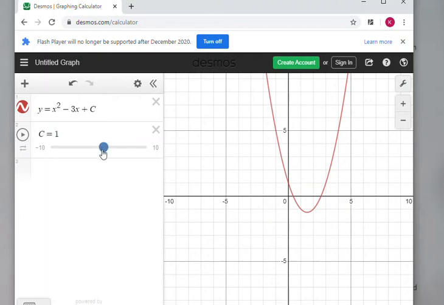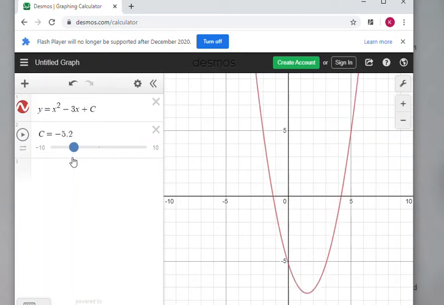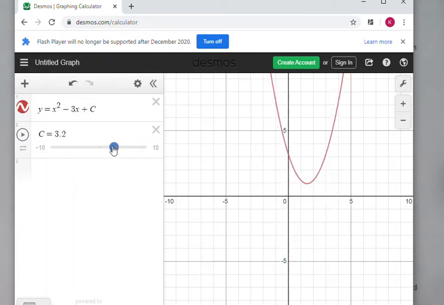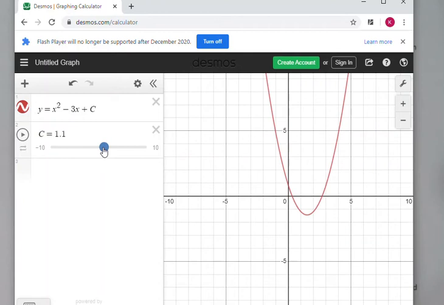If I adjust the c value, notice that all that's happening is this graph is just being shifted vertically. That makes sense. That's what a constant added on does to a function. So, let's see, the c equals 0 case, if I can get it to stop at the right spot, there we go, looks like that. And then the graph just shifts up with a positive c and down with a negative c.